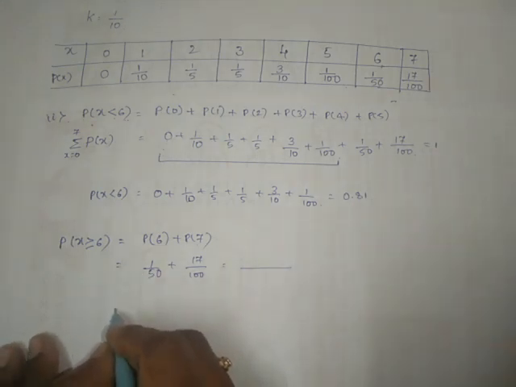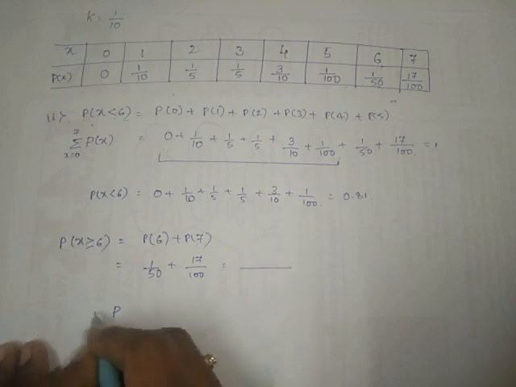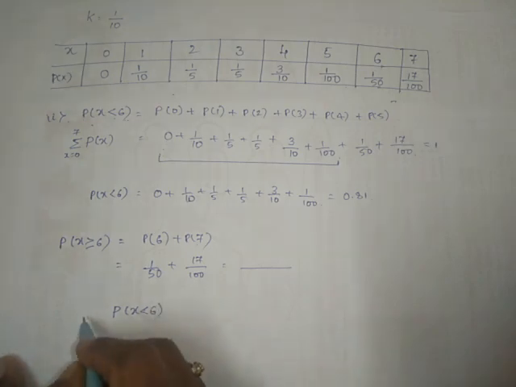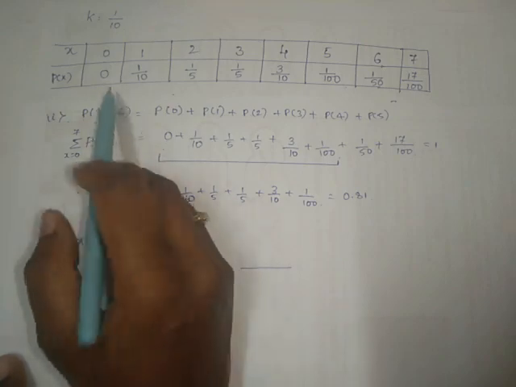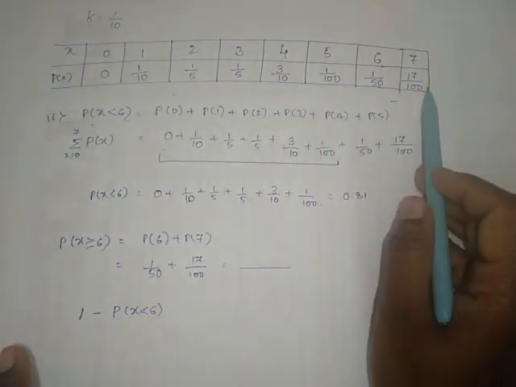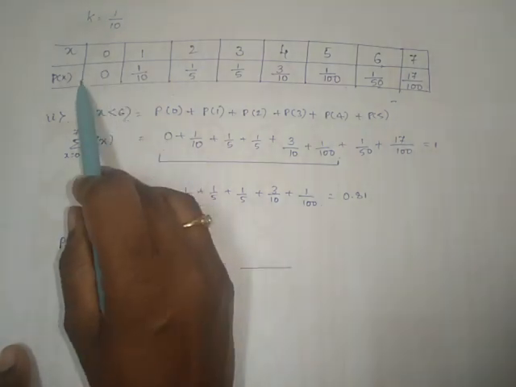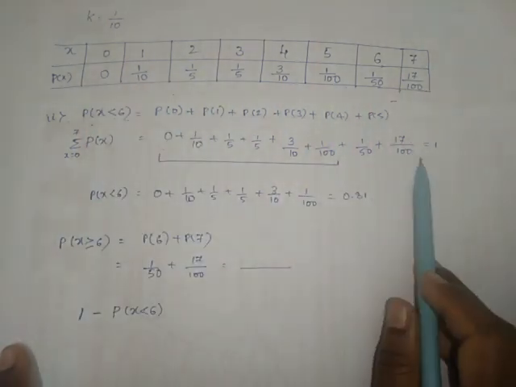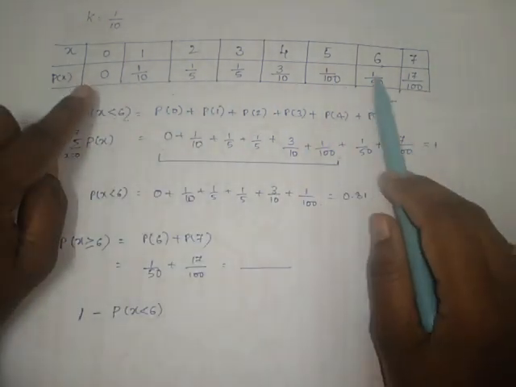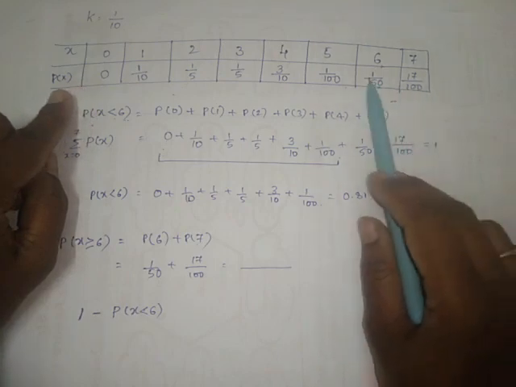Otherwise, we can subtract P of X less than 6 from the value 1. Why? Because the addition of all these values is equal to 1. We got that the addition of all these values is 1, and they are asking us to find the addition of these two values.